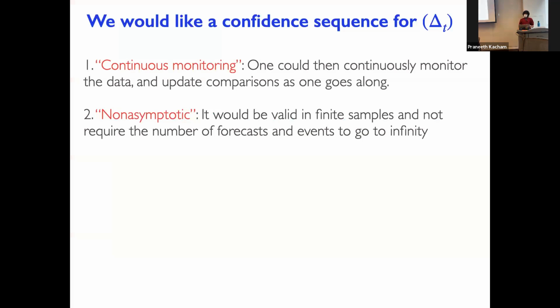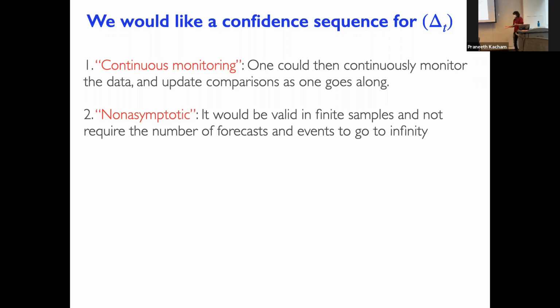Okay, so in this case we would like a confidence sequence for delta t, which is this quantity we don't know, and we're not going to make assumptions about, but we would like it. If we could achieve it, it would allow for continuous monitoring. As the games are played between these teams, you can continuously monitor the data. You can keep peeking at what the confidence intervals are.